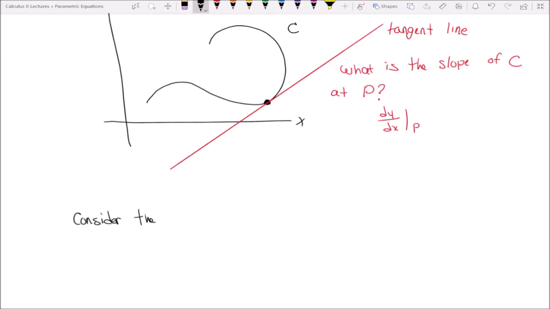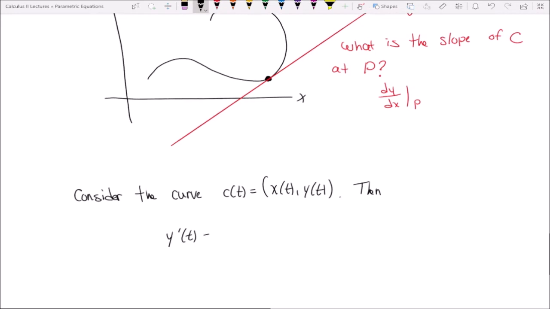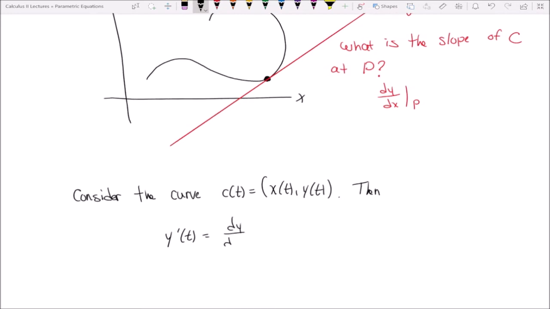So consider the curve C of t given by x of t comma y of t. Well, then notice that, I'm sorry, not dy dx, y prime of t, which is dy dt, right?